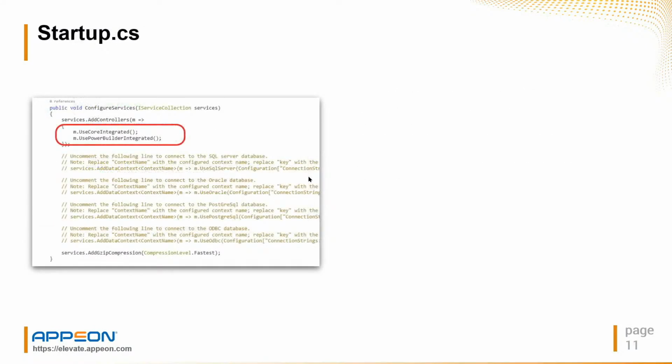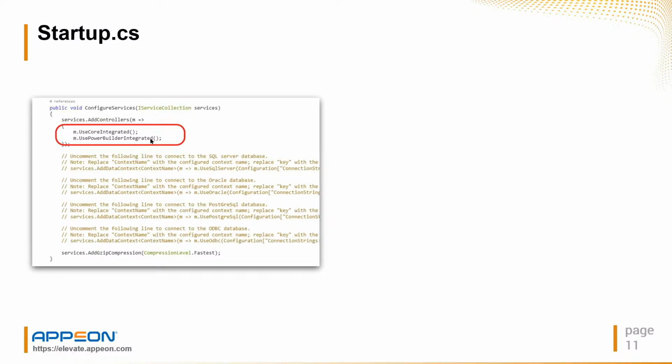Here's the Startup.cs file. Now, any ASP.NET web application is going to have those two files, whether you create it in Visual Studio or in Snap Develop. What's different when you create it in Snap Develop is it's going to throw in some things that are specific to PowerBuilder added functionality.